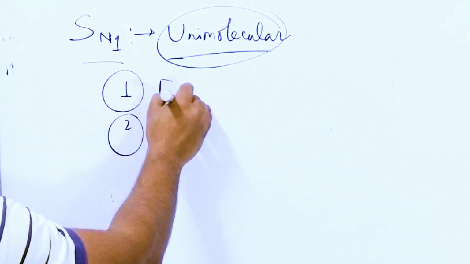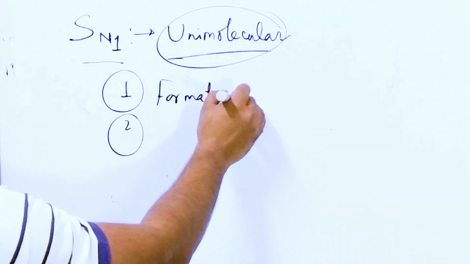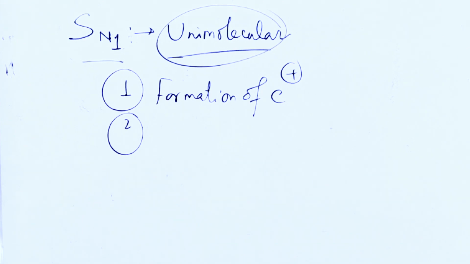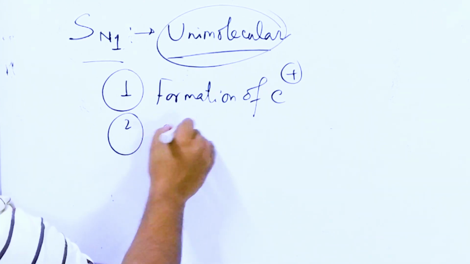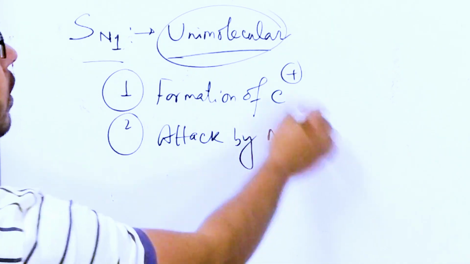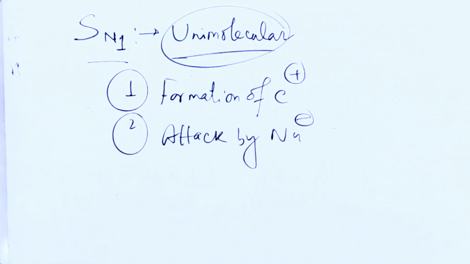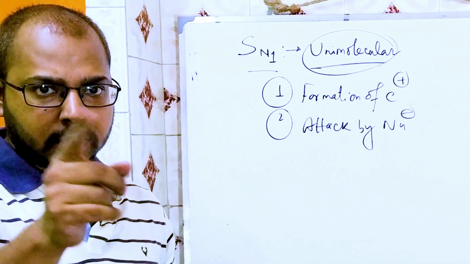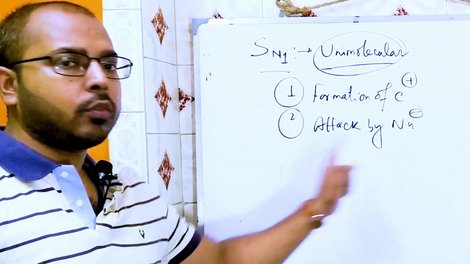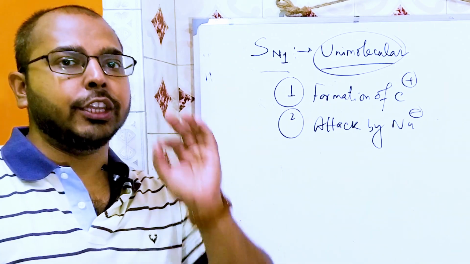One is formation of carbocations, and the second step is attack by nucleophile. Please listen carefully. One is formation of carbocation and the second one is attack by nucleophile.